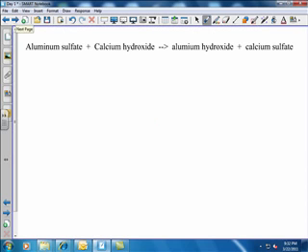So here is an equation, and I would like you to balance it. The first thing you need to do in order to balance it is to actually write the formulas. And this is where if you don't write formulas correctly, you're going to have a problem.